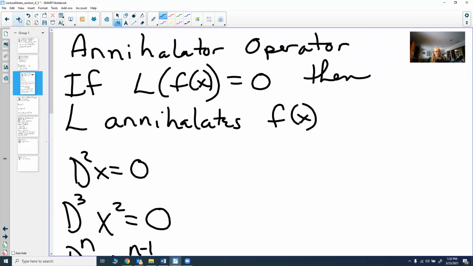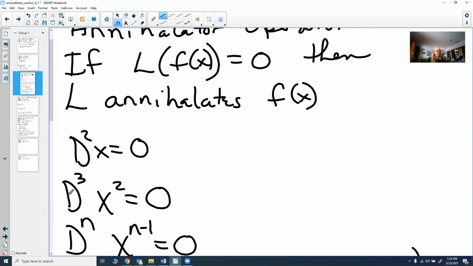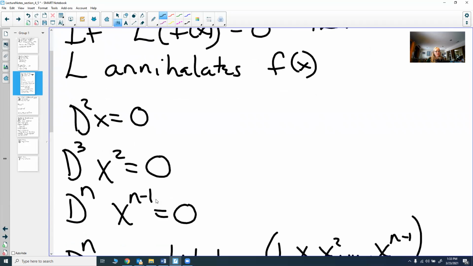As an example, if I take x and I take the second derivative, I will get 0, because the first derivative will be 1 and the second derivative will be 0. If I have x squared, if I take the derivative 3 times, I will get 0. In general, if I have x to the n minus 1 and I take the nth derivative, I will always get 0.